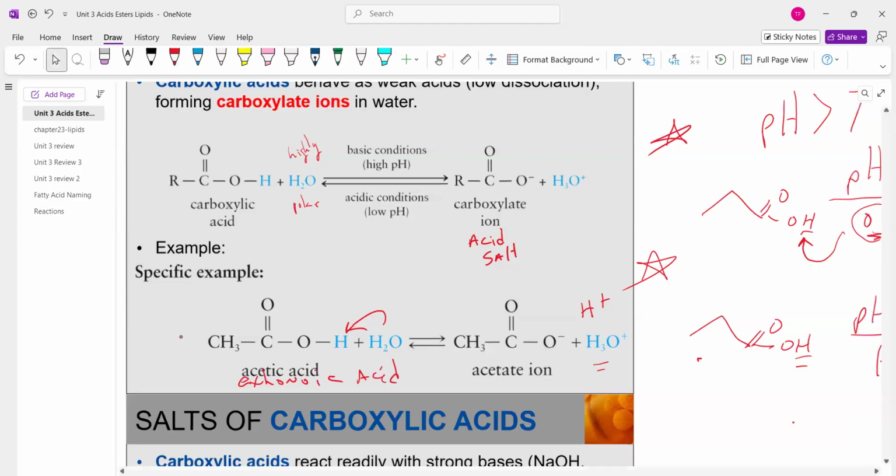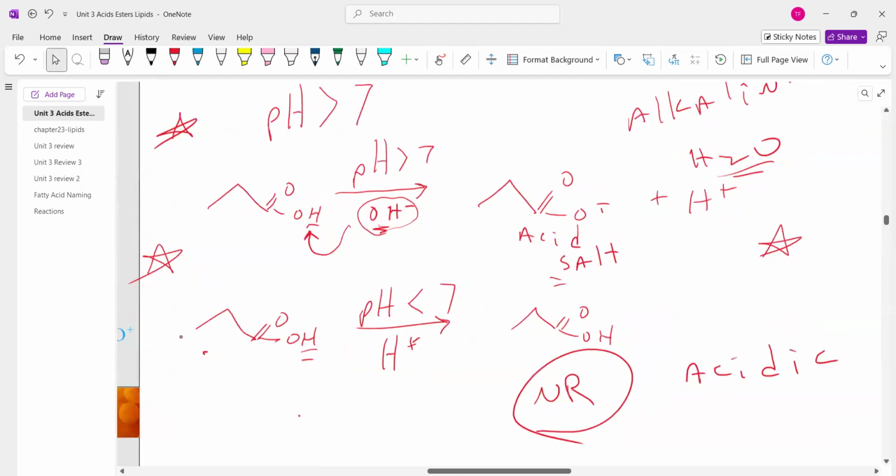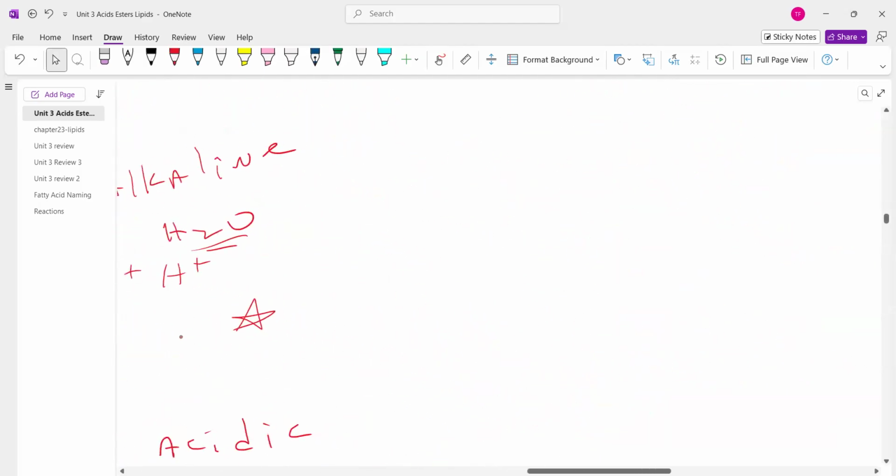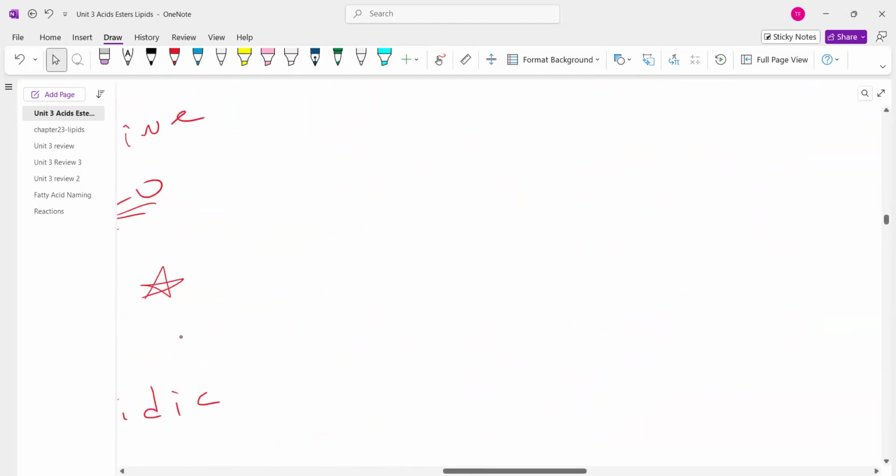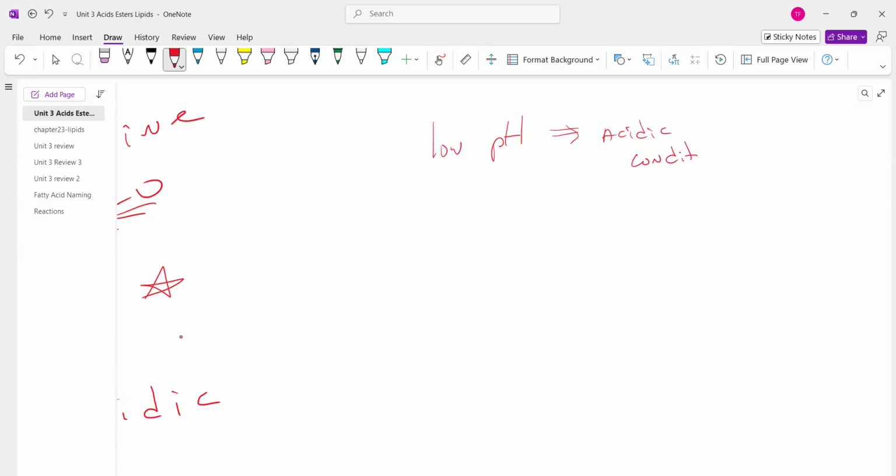Okay, so let's look at this in more detail. Low pH is acidic conditions.